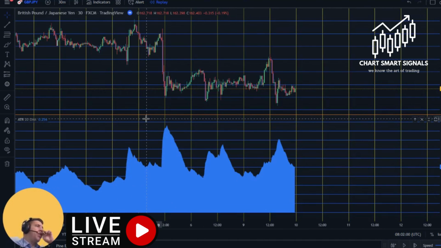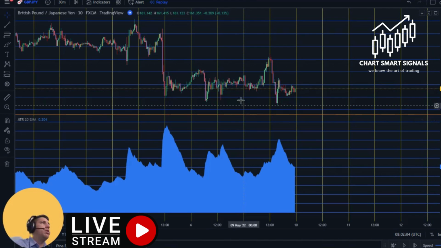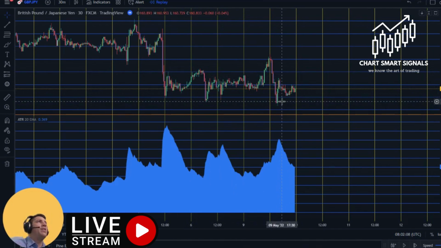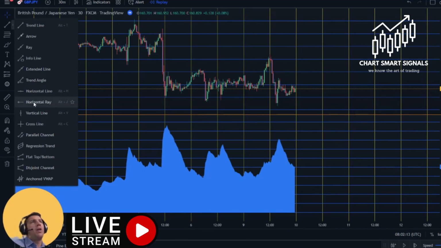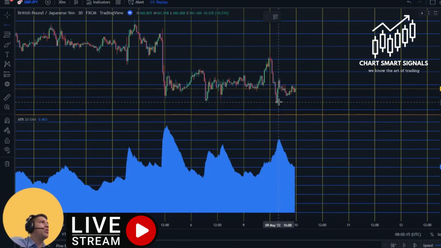All right, in this market condition, we're looking at a ranging market structure, moving laterally in price movement. We're going to be drawing a horizontal trend line. We're looking for something like that.